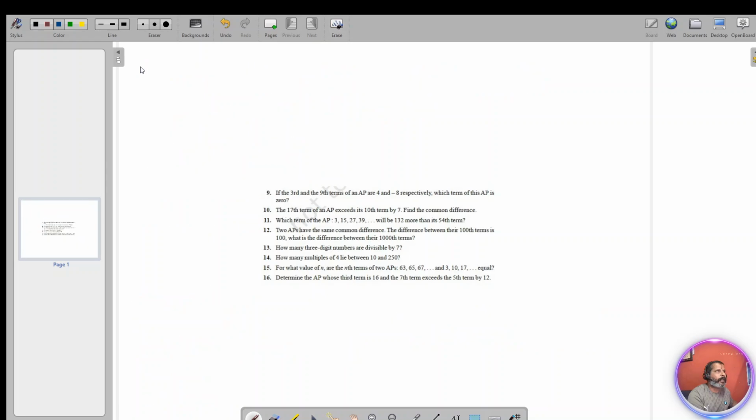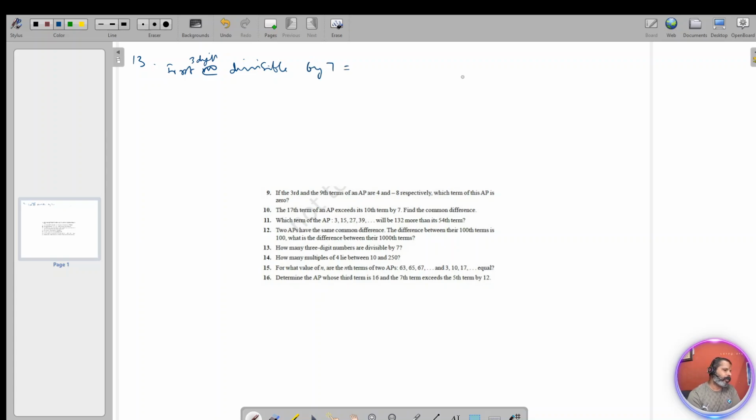13th one. How many 3-digit numbers are divisible by 7? Please see. It's simple. It is similar to the question in the example. Means first you have to get the list of numbers divisible by 7. The first 3-digit number divisible by 7 is what?